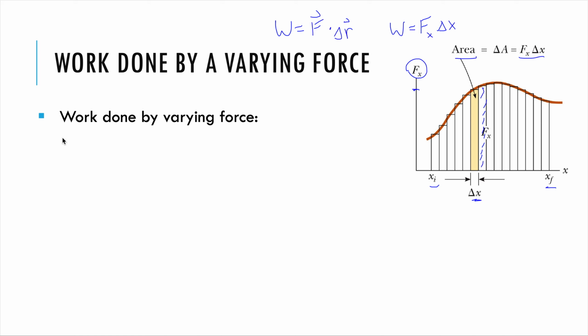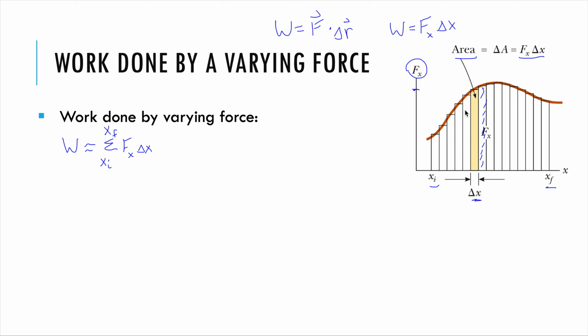So the work is going to be approximately equal to the sum from xi to xf of Fx delta x. So this means that we are adding up all of these strips.